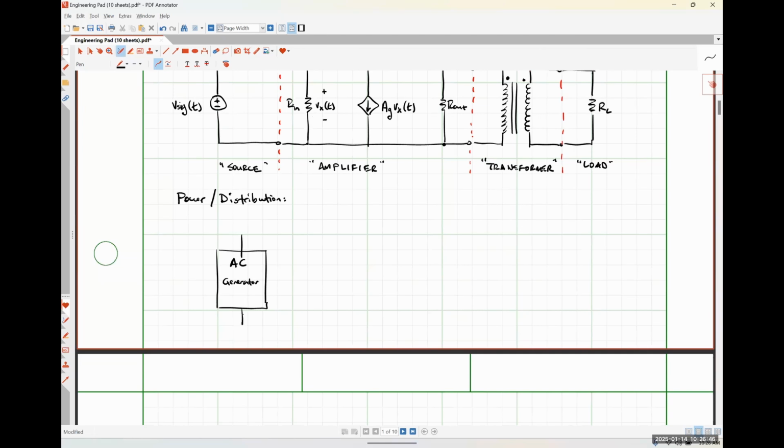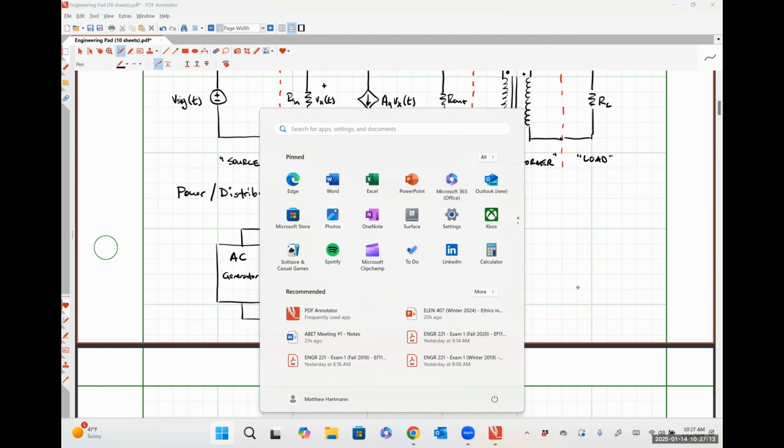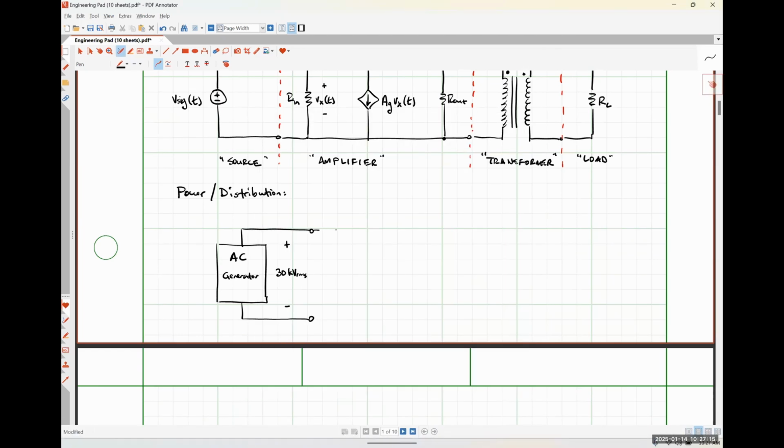A typical generation level might be somewhere in the ballpark of 30 kilovolts RMS. So I'm going to put that over here as plus minus 30 kV RMS. And then connected to the generation side of things will be, typically speaking, a step up power transformer.